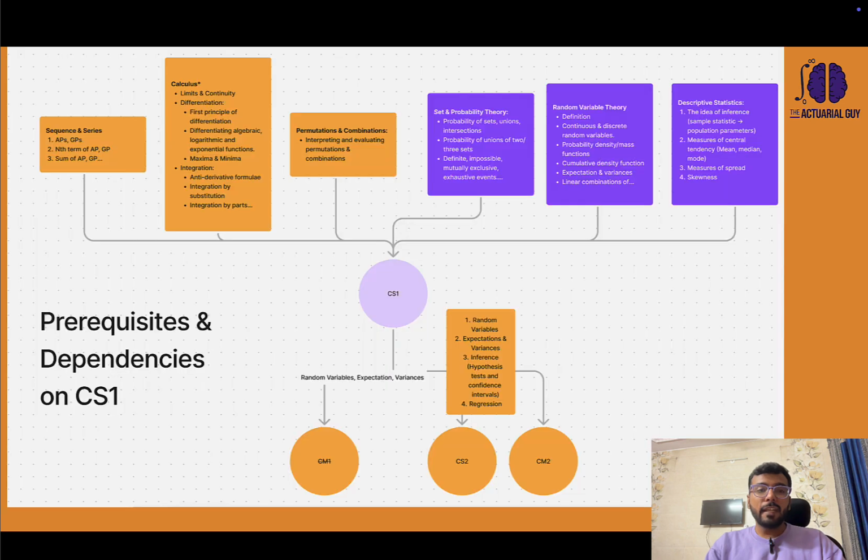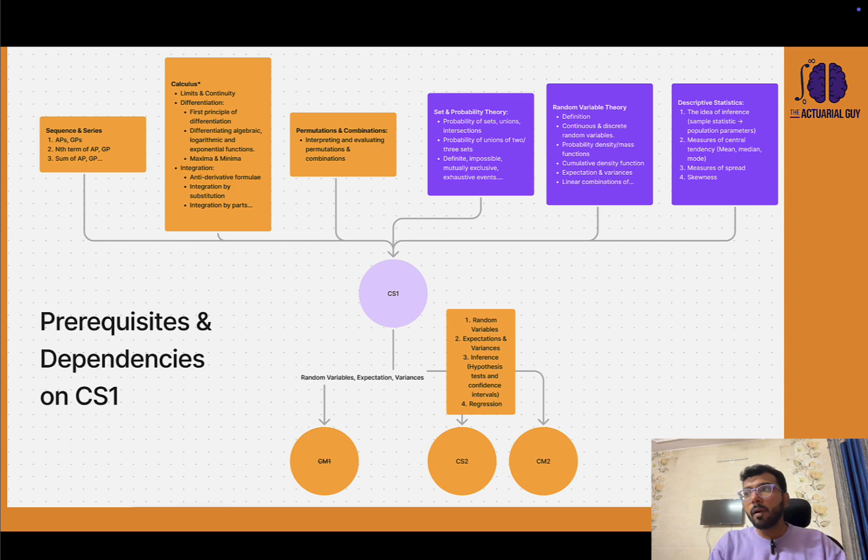Now let's get into what are the prerequisites for CS1 and what are the dependencies on CS1 for other subjects. For studying CS1, what are the topics you need out of your A-level mathematics? These are topics that I have not covered in my videos, and I have assumed that you have already acquired knowledge of these.